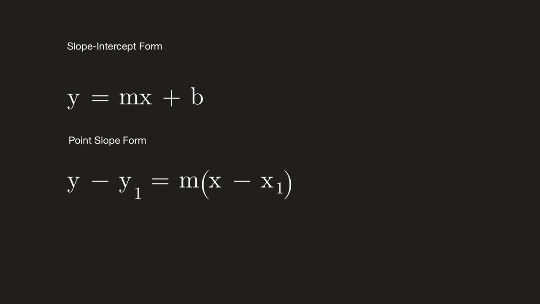It's kind of similar to the slope formula with these little subnumbers, but the way that this is read is y minus y sub 1 equals m. What does m stand for? Slope. Slope times x minus x sub 1, okay?